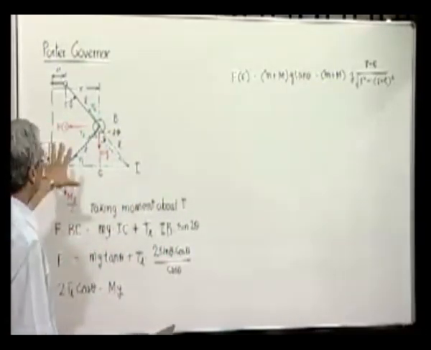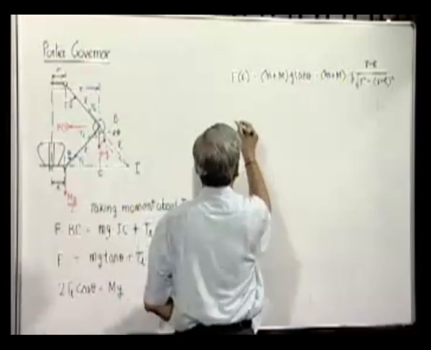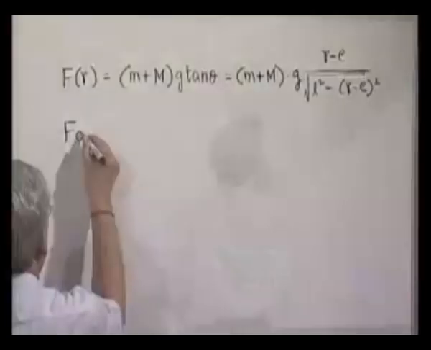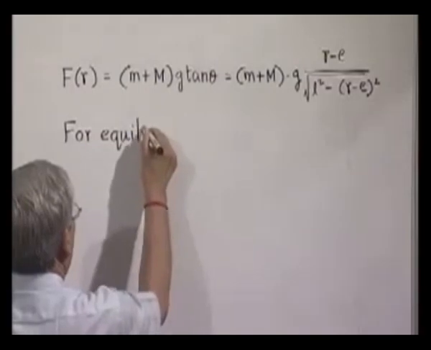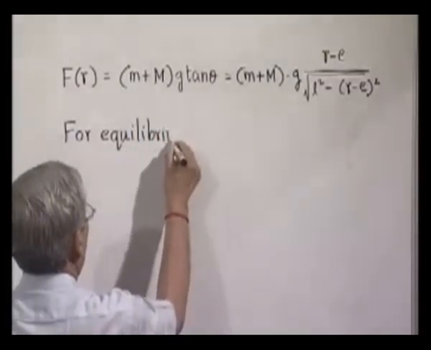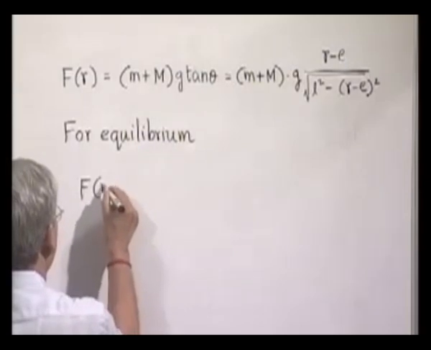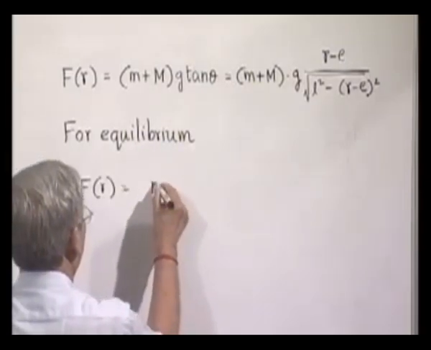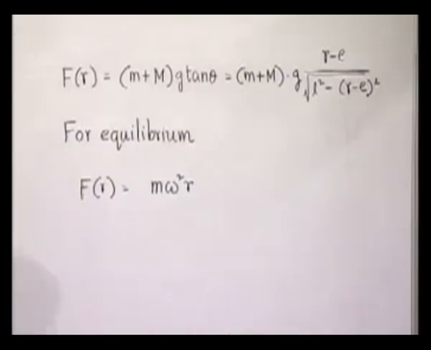Now, for any speed, the equilibrium is established by the condition that this control force must be equal to the tendency to fly off, which we call centrifugal force, they must match.